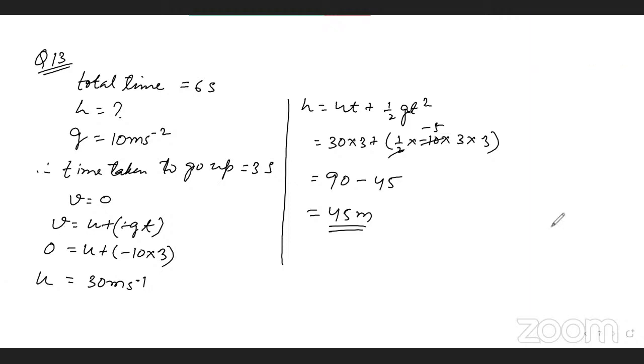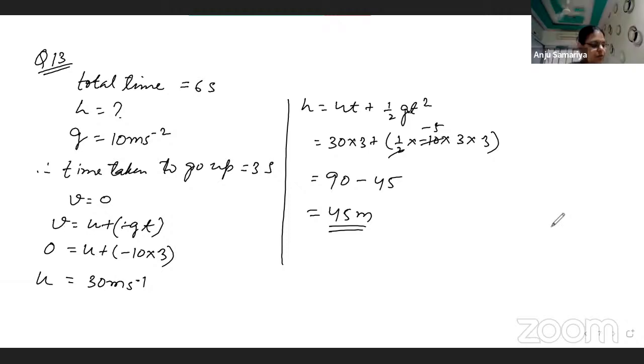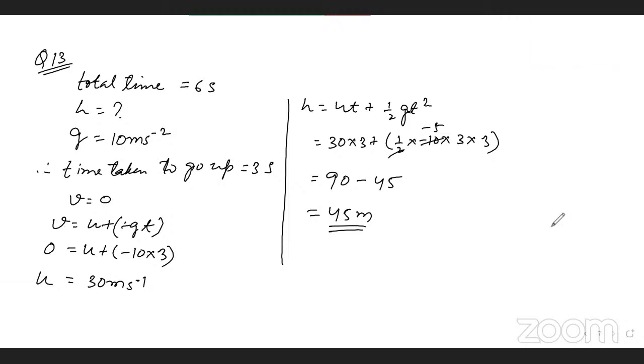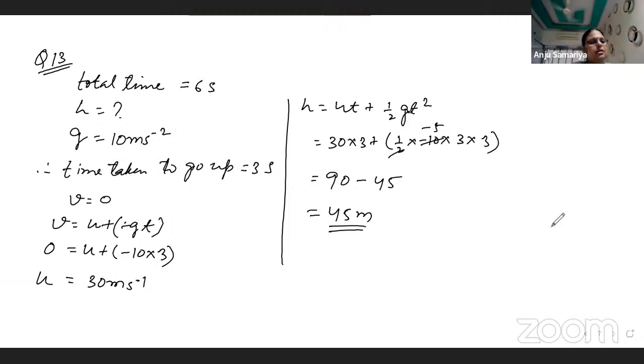Yes, ma'am. I'm just noting down the answers which you have written. Please don't blindly note down. You have to understand and do. These sums are very, very important. Okay, ma'am. Those who have done this 13th, please start working on 14th.